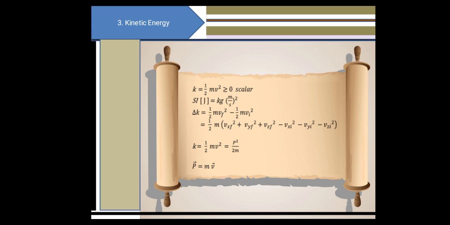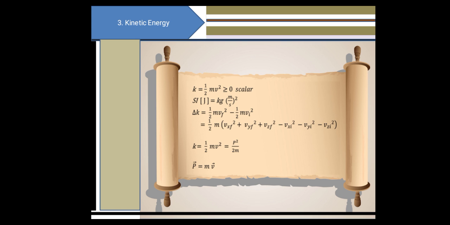If the object is moving in 2D or 3D space, then v squared is Vxf squared plus Vyf squared plus Vzf squared, minus the initial components.